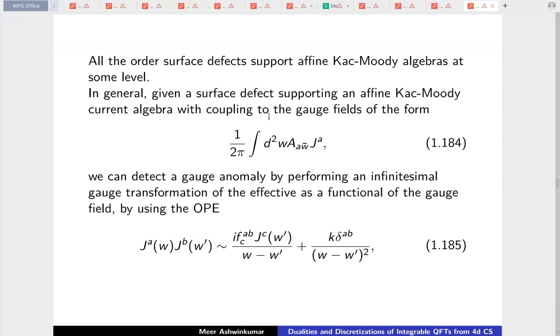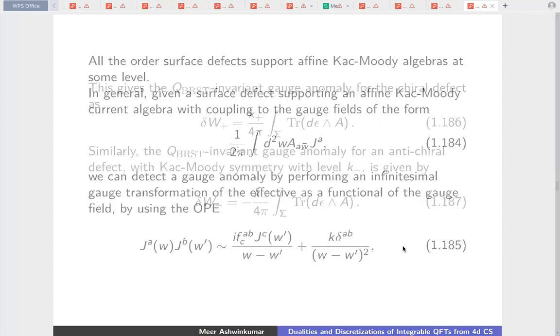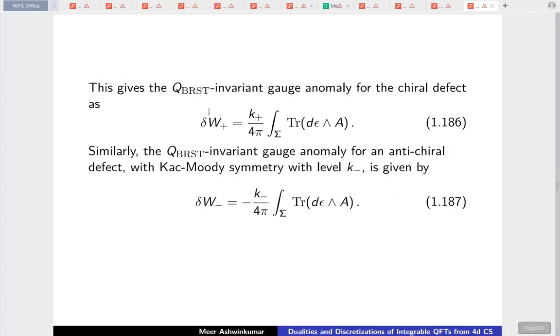And the point is that when your surface defect supports an affine Kac-Moody algebra, you can actually detect the gauge anomaly by using the standard OPE of the affine Kac-Moody algebra, and you can eventually show that the anomaly has the same form we saw for the free fermion defect, except that in front of the anomaly, you have the level of the affine Kac-Moody algebra appearing.